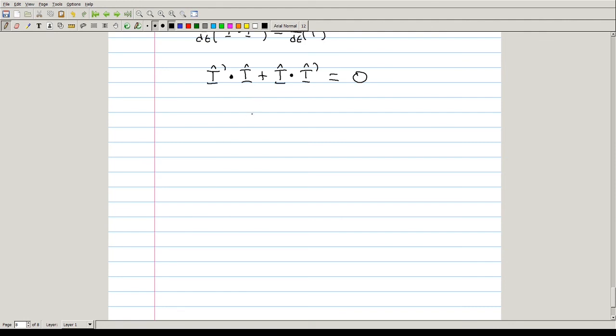So we've just shown that 2 times the dot product of t hat with t hat prime is equal to 0, or the unit tangent vector dotted with this new vector t hat prime is equal to 0.